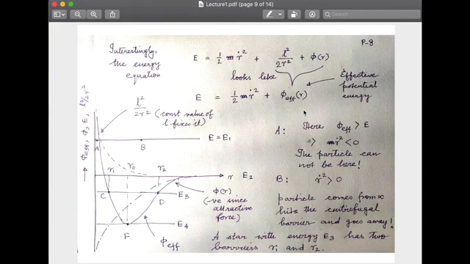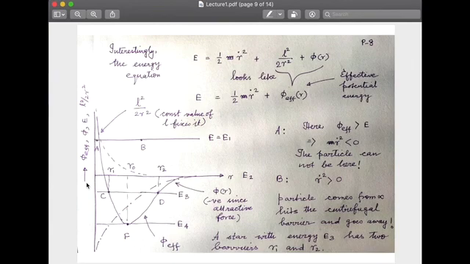So what I do here is first identify the fact that the energy per unit mass, the effective potential, the potential function phi, and L square by 2r square, all of them have the same dimension. So all of them I can plot on the y-axis, and on the x-axis I plot r.